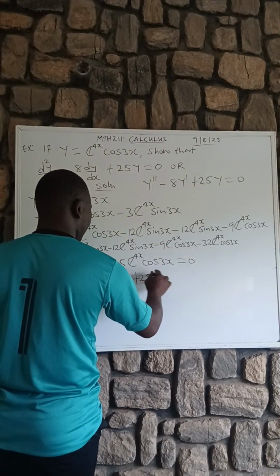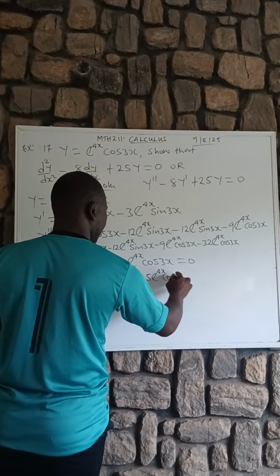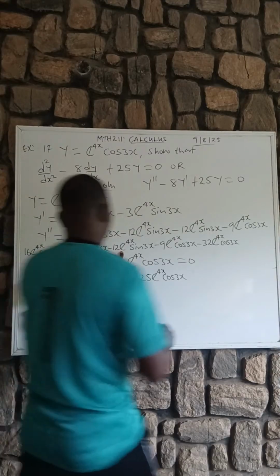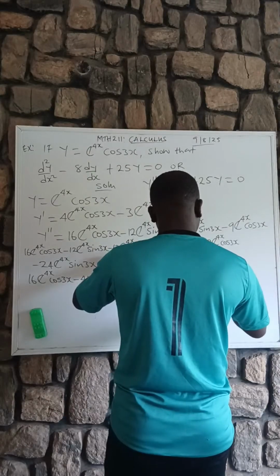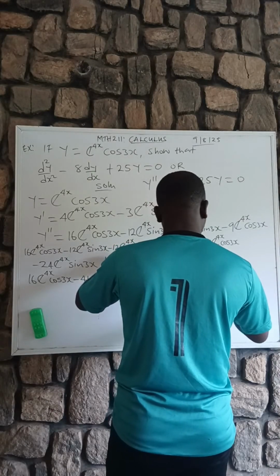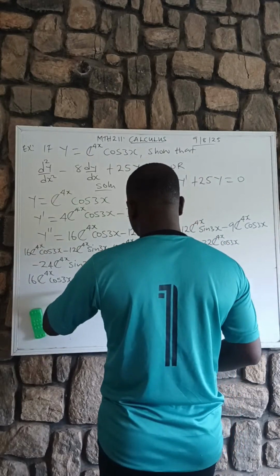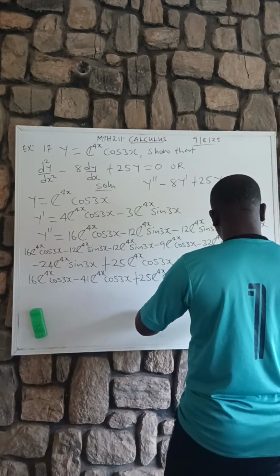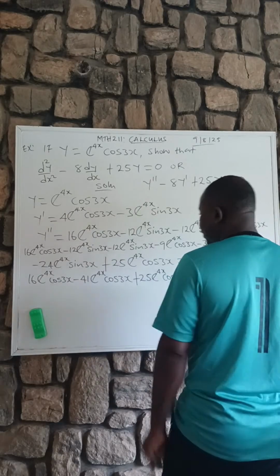Plus 25 exponential 4x cos 3x. Then we can add this to give us minus 24, right? Minus 24 exponential 4x sine 3x. Then here is minus 24 exponential 4x sine 3x equals 0.